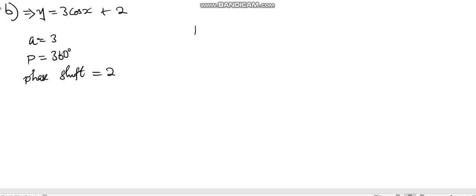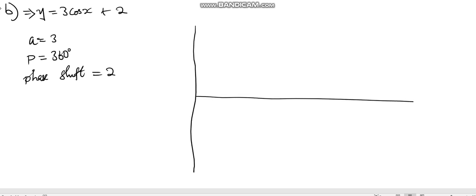So this simply means that, so the nature of a normal cosine graph, so let's say we have our 90 degrees there, and we have our 180 degrees, we have our 270 degrees there, and we have our 360 degrees there.